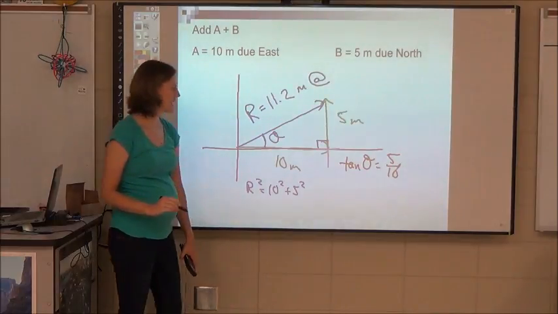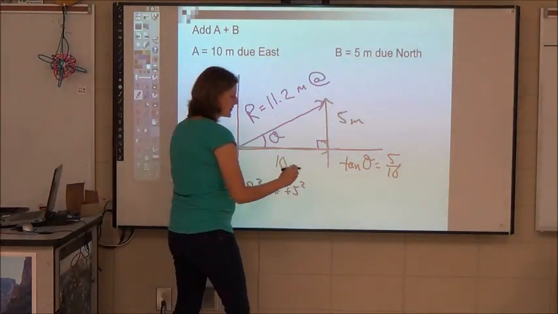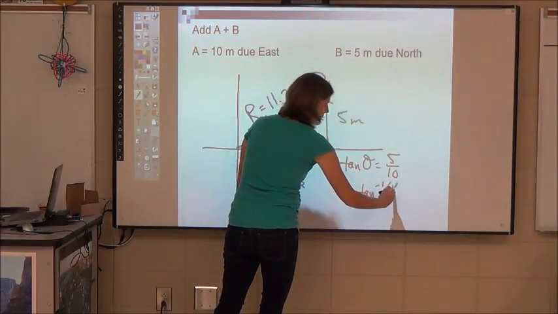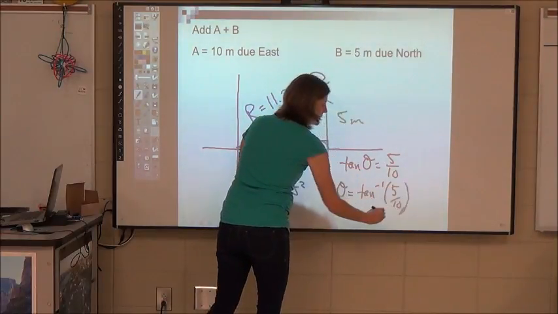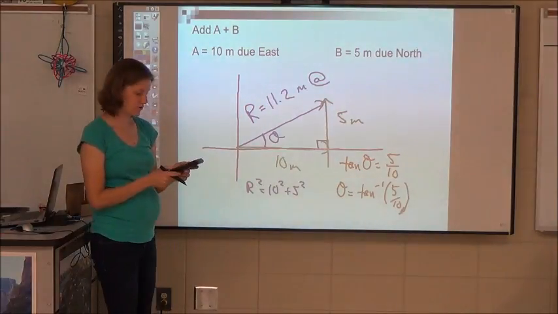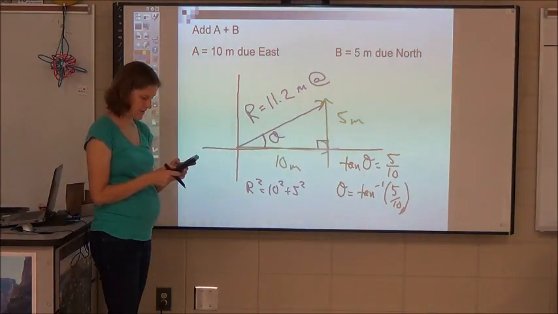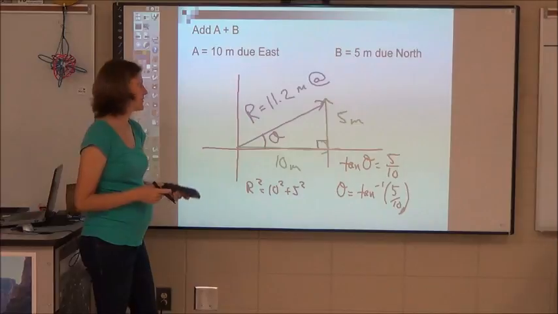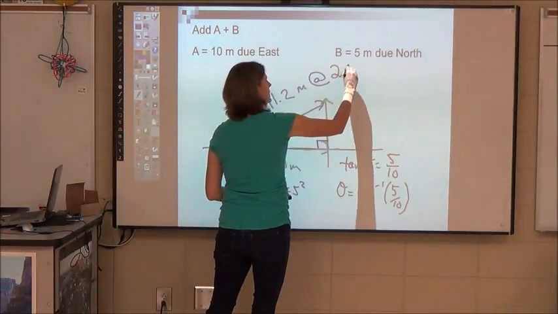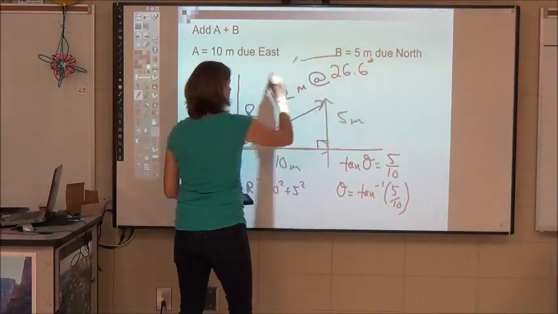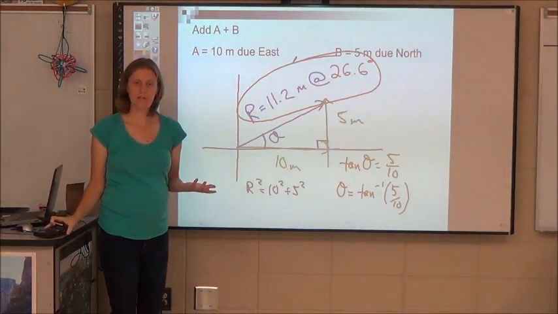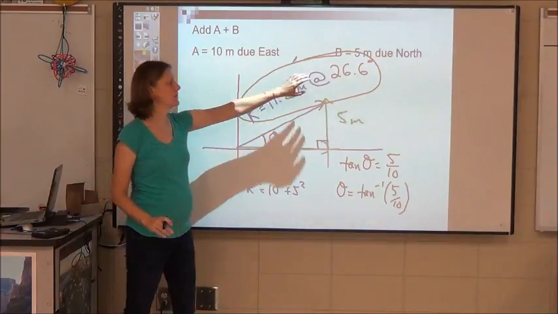So tangent is opposite over adjacent, but I want to do inverse tangent to get my angle, making sure you're in degrees. And we get 26.6 degrees. So that is my final answer. My final answer is a vector. It's got a magnitude. It's got a direction.